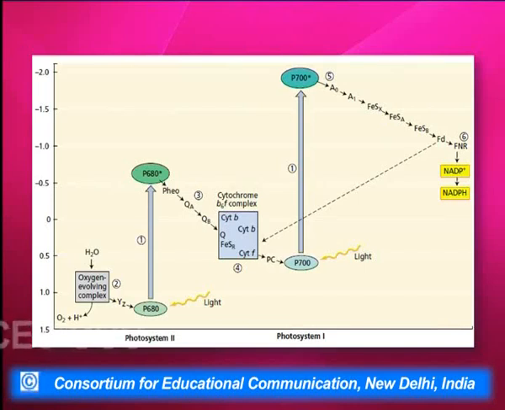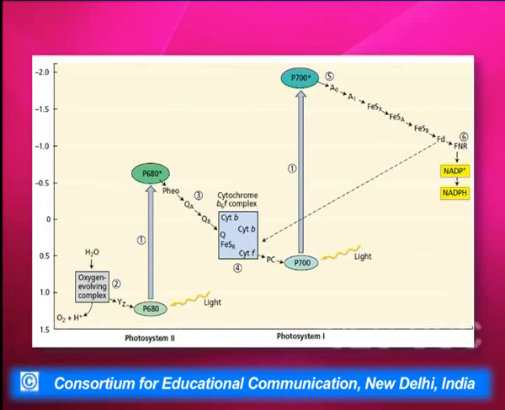PS1 is photoexcited itself, and its electrons, once they are ejected, are promptly accepted by ferredoxin, which goes through a second electron transfer to the NADP reductase complex.